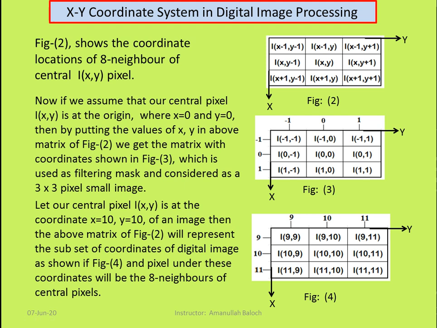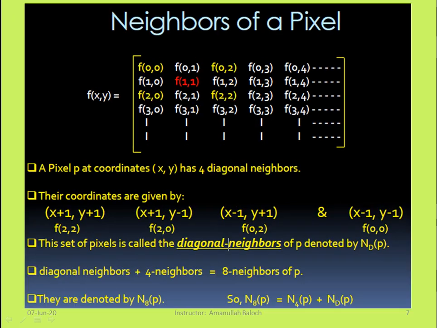In this figure you may see I of x plus 1 and y minus 1, so this coordinate is f of 2, 0. Similarly, f of 0, 2 is at location x minus 1, y plus 1, and f of 0, 0, the starting pixel, has coordinate x minus 1, y minus 1.